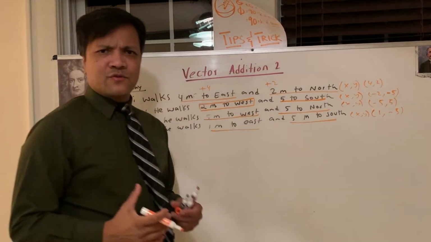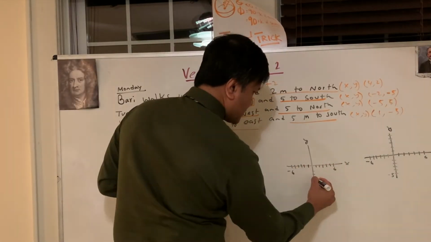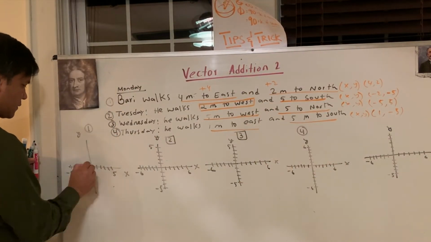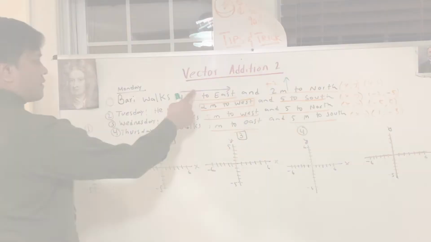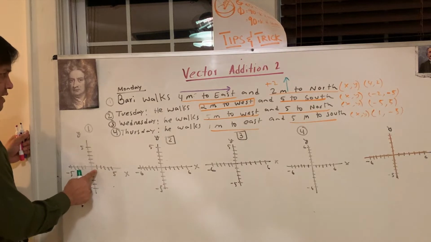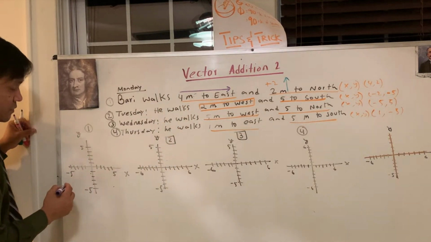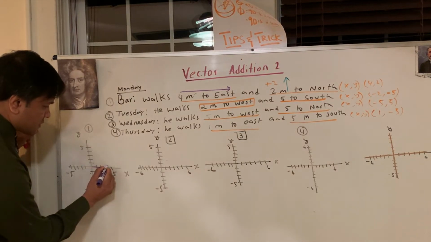Alright, so I'm going to now draw the coordinate plane and we will take it from there. Okay, this vector over here, the purple vector, is 4 meter to the east.